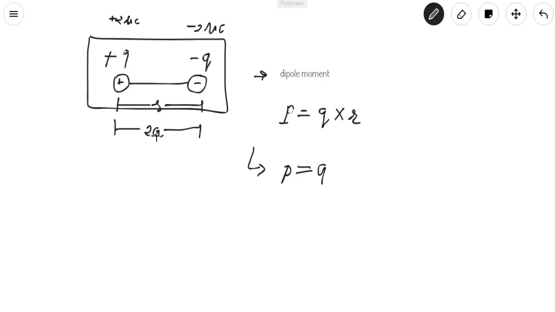You know why? With 2a, the half distance will simply be a, and that will simplify our equations in the future. So just assume that the distance between the two point charges is 2a, then our dipole moment p is equal to q into 2a. So this is the dipole moment.